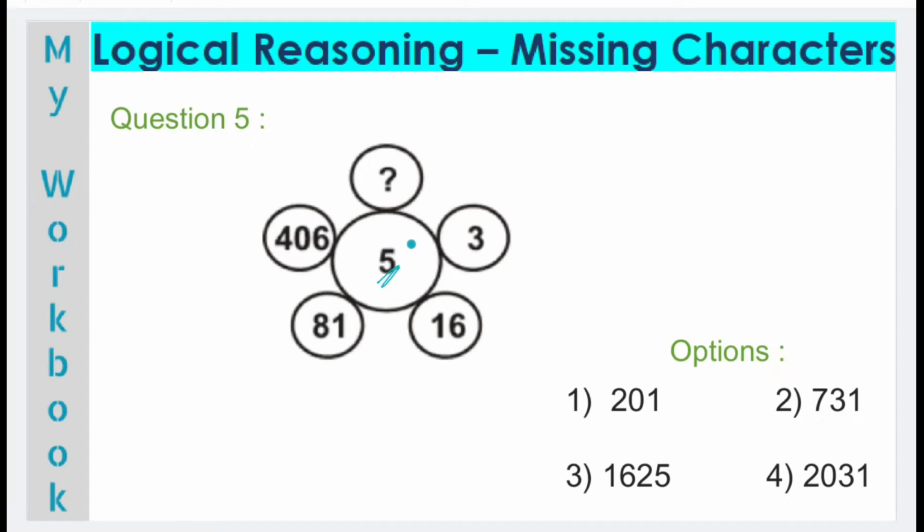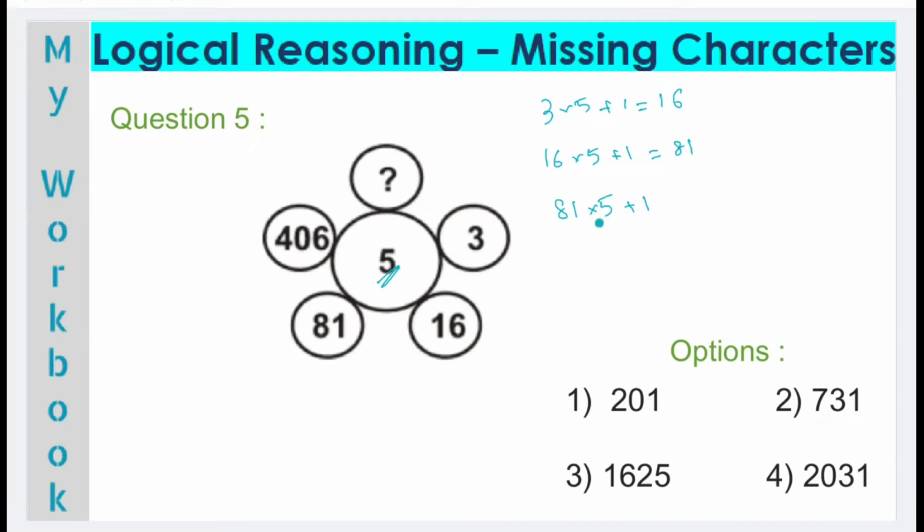Here we can see that 3 times 5 is 15. We have 16 here. So we can say 3 into 5 plus 1 has given 16. Can we check the similar pattern? 16 times 5 will be 80, plus 1 will give us 81. 81 times 5 plus 1.